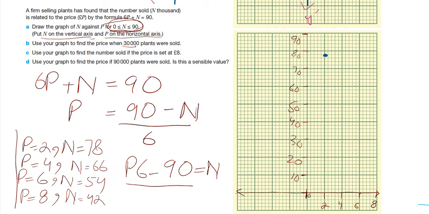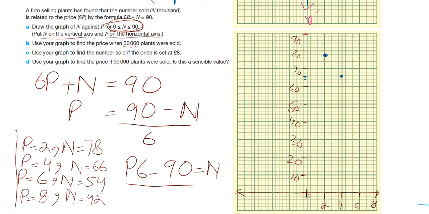Okay, when our p is 4, our n will be 66, and that would be 61, 62, 63, 64, 65, 66. Okay, over here 66 lies. All right.